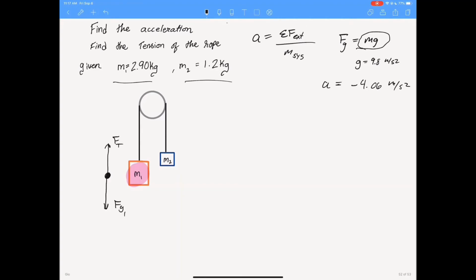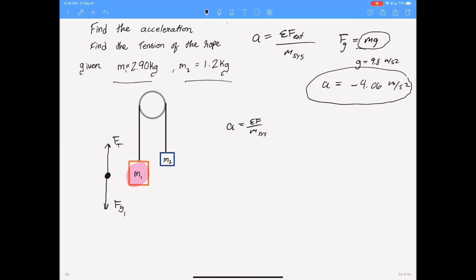Again, we have Newton's second law: a is equal to the sum of forces over m, our system. We know the acceleration. As it's falling, its acceleration is negative 4.06 meters per second squared. But before we plug that in, let's solve for our tension force.